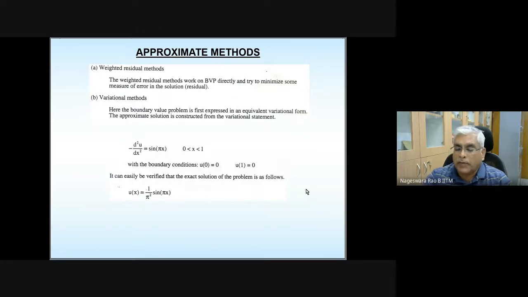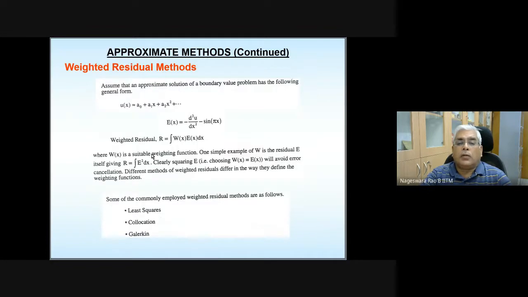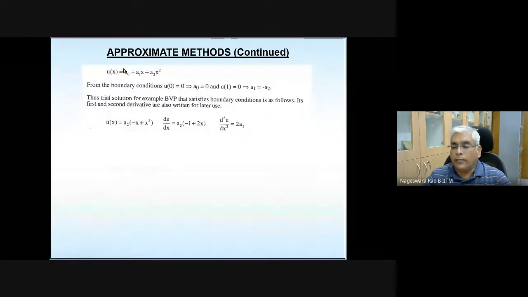The first step in weighted residual method is to define error function, and also you need to start with a trial solution. Yesterday in the problem that we solved, quadratic trial solution is taken, and then whatever trial solution you choose, you make it admissible by enforcing the essential boundary conditions, and you get admissible solution.